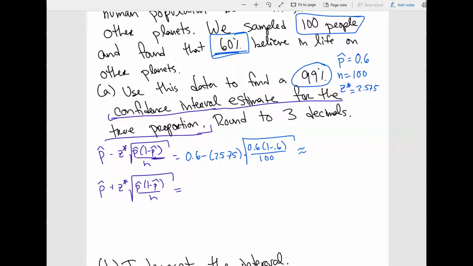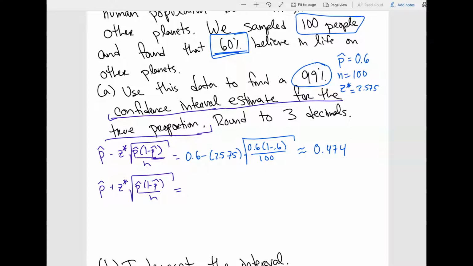So try your best to put parentheses around things that need them, because this is probably where a lot of students get confused or get the wrong answer. Since we want 3 decimal places, what I got for my first one was 0.474. So hopefully that is correct.